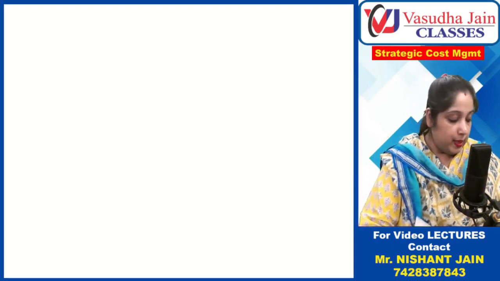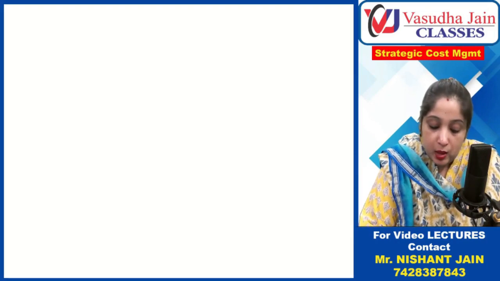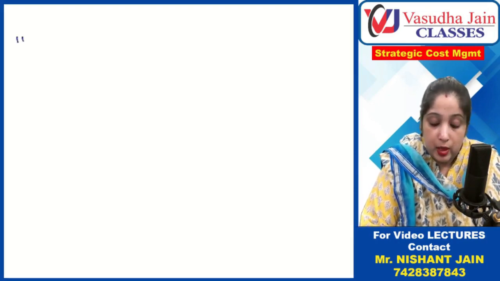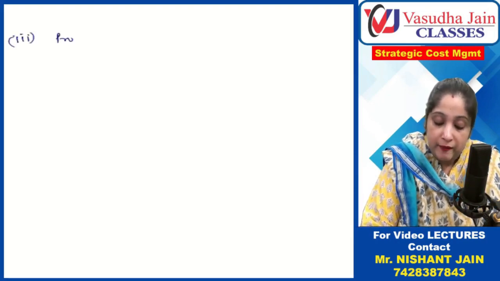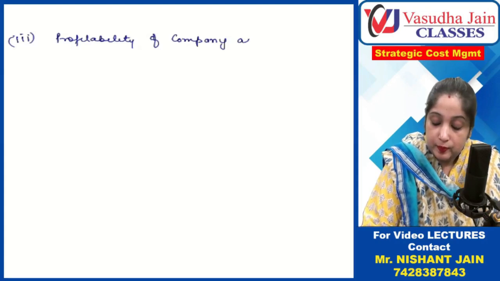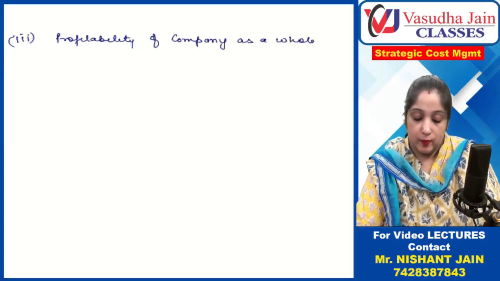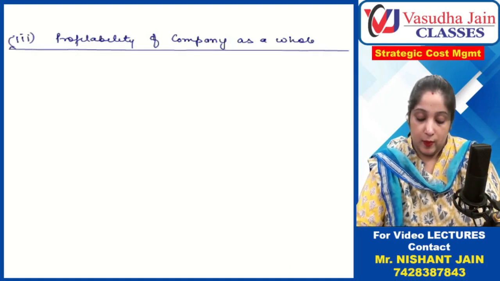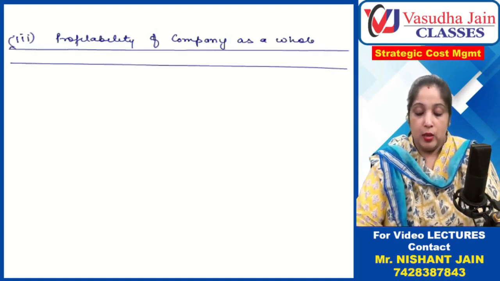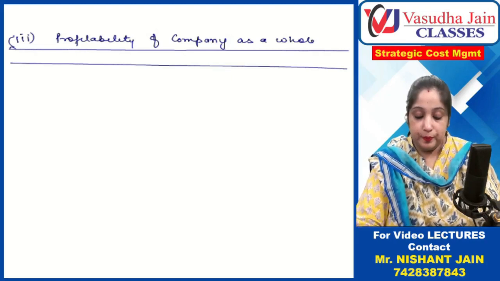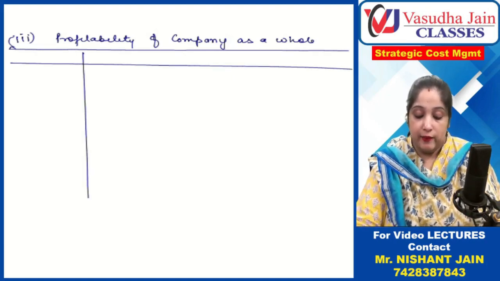So I'm going to prepare a statement, the third statement, third part. Let me find out the profitability of the company as a whole. I just have to write here sales levels.